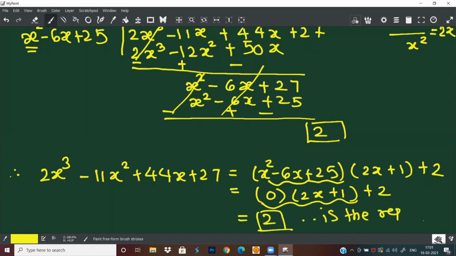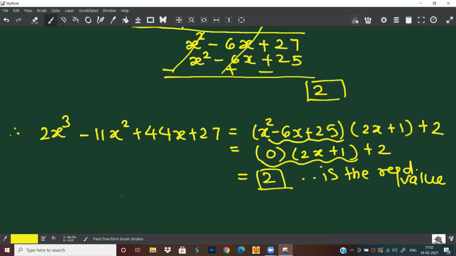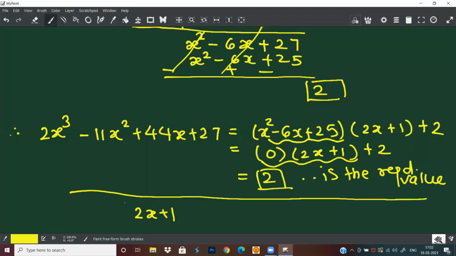Sometimes in the remainder, x also remains. Suppose my remainder was not 2 but 2x plus 1. If my remainder would be this, then this into this would be 0 only.